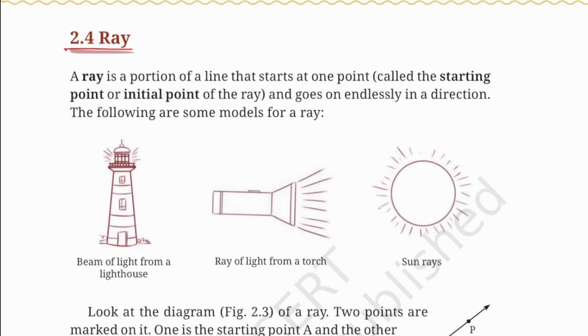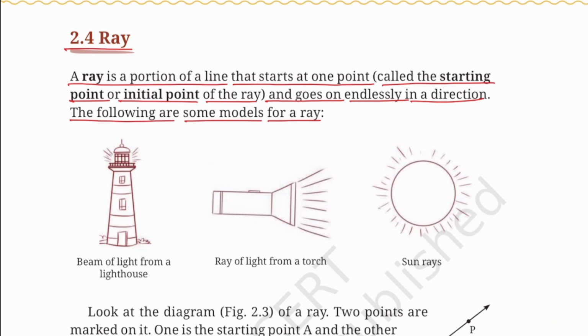2.4 Ray. A ray is a portion of a line that starts at one point, called the starting point or initial point of the ray, and goes on endlessly in a direction. The following are some models for a ray. Beam of light from a lighthouse.